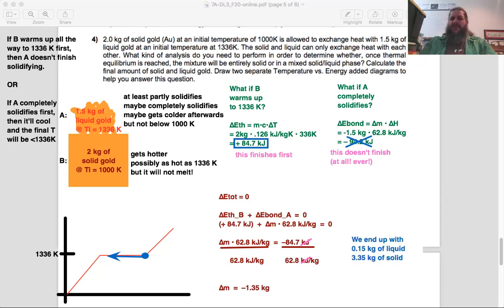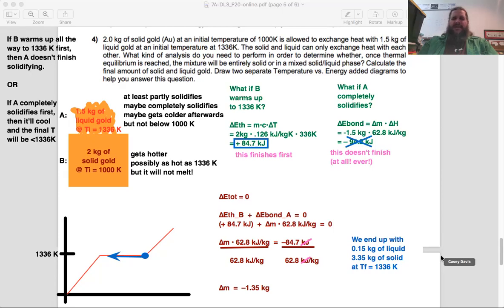So we still have the same total amount of gold. We've just changed what phase parts of it are in. And the whole thing is now at what temperature? Yeah, the whole thing is at 1336 Kelvin, which is really the only reason why it can exist in this mixed phase at all.